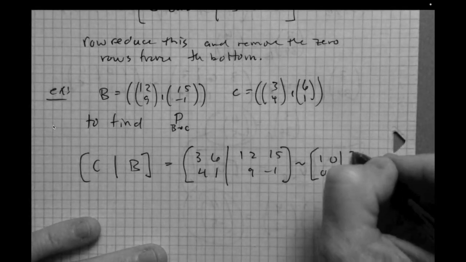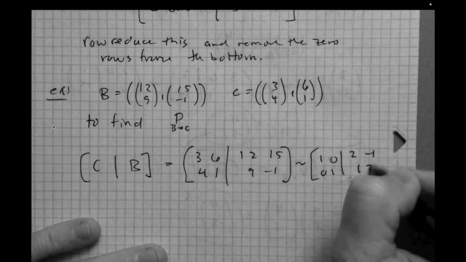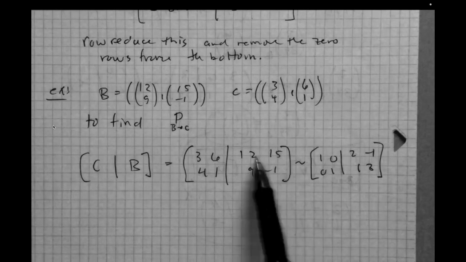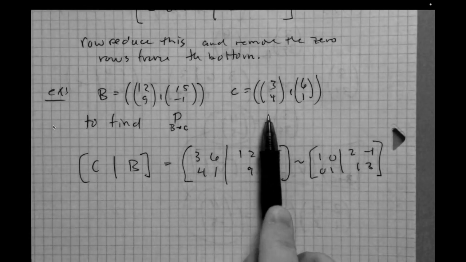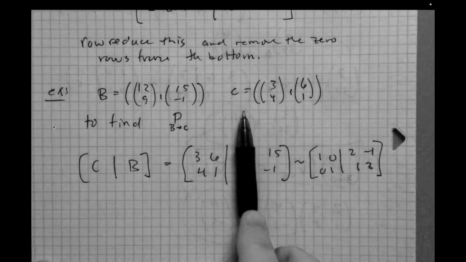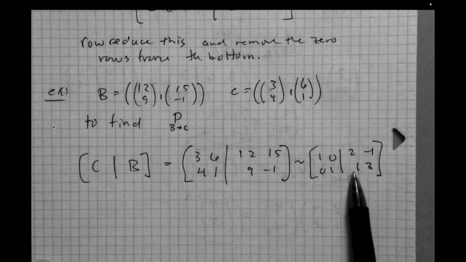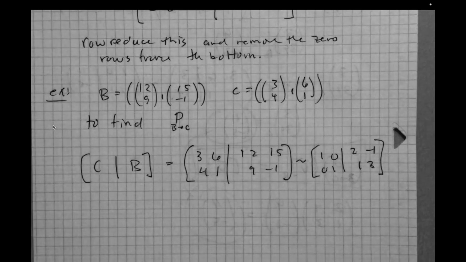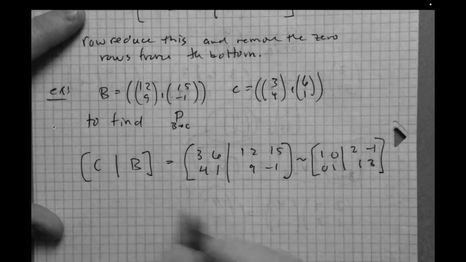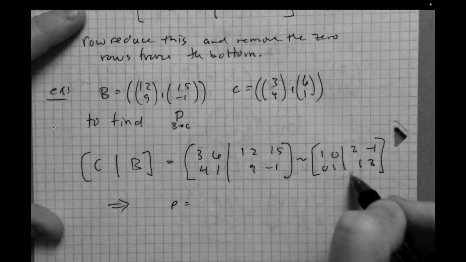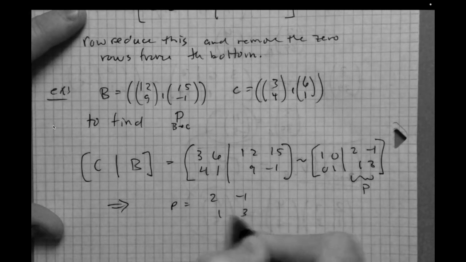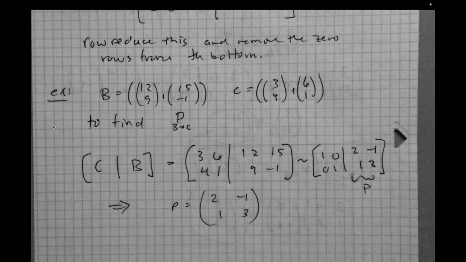And then what I get over here is 2, negative 1, 1, 3. I did this operation separately for 12, 9, and then separately for 15, negative 1. And you'll notice, if you look back, we got 2, 1, and we got negative 1, 3. All this is saying is I can do it all at the same time. I don't have to do them separately. So P is equal to 2, negative 1, 1, 3, which is what we found previously.